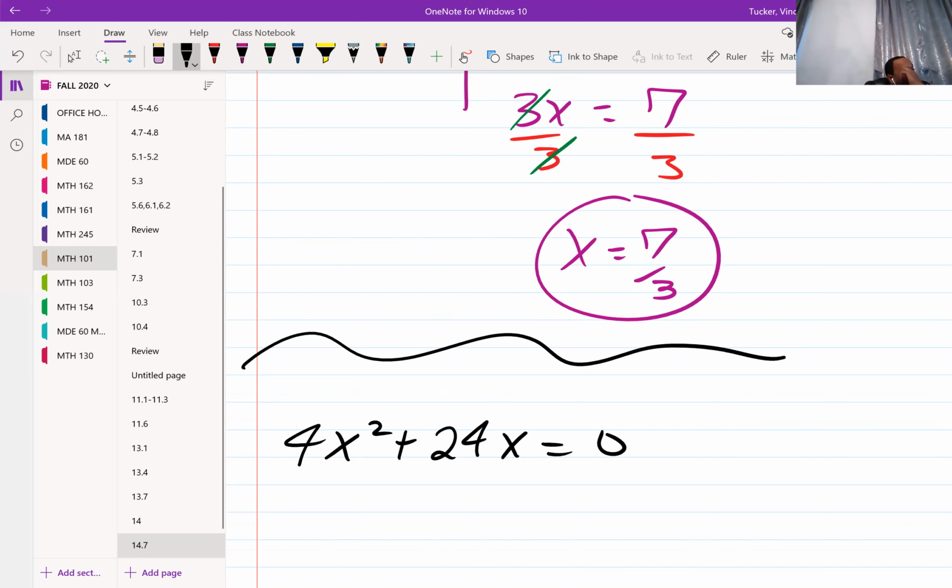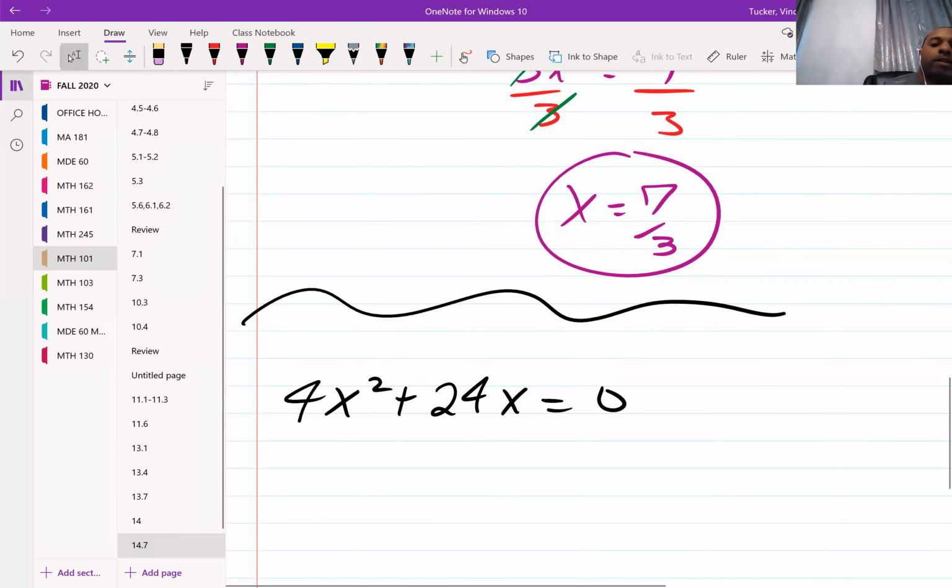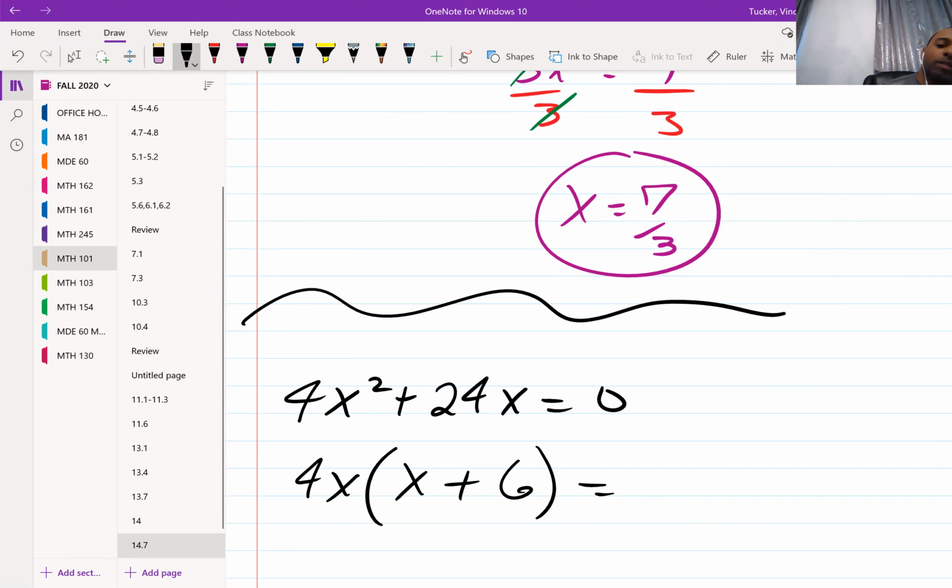So here, 4x squared plus 24x equal to 0. Factor the 4x from each term. That's the GCF. That leaves you with x plus 6 in the parentheses. Now you set each part equal to 0.